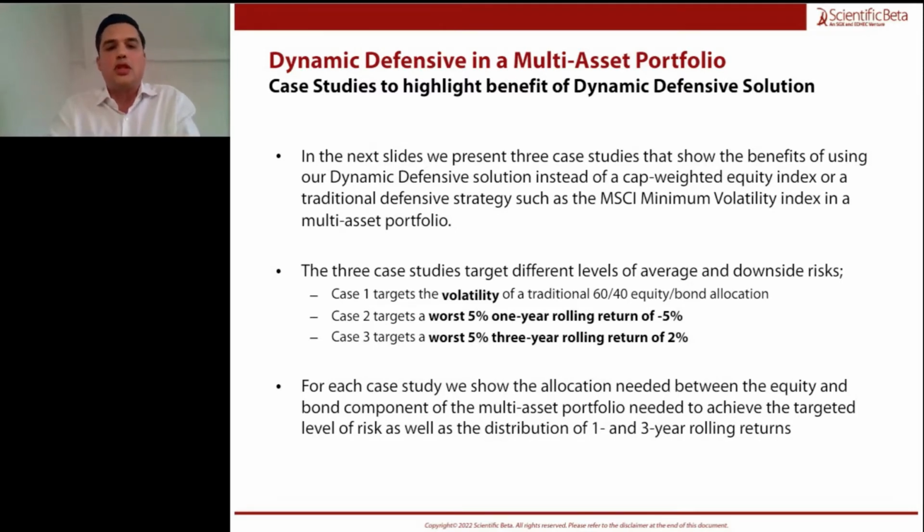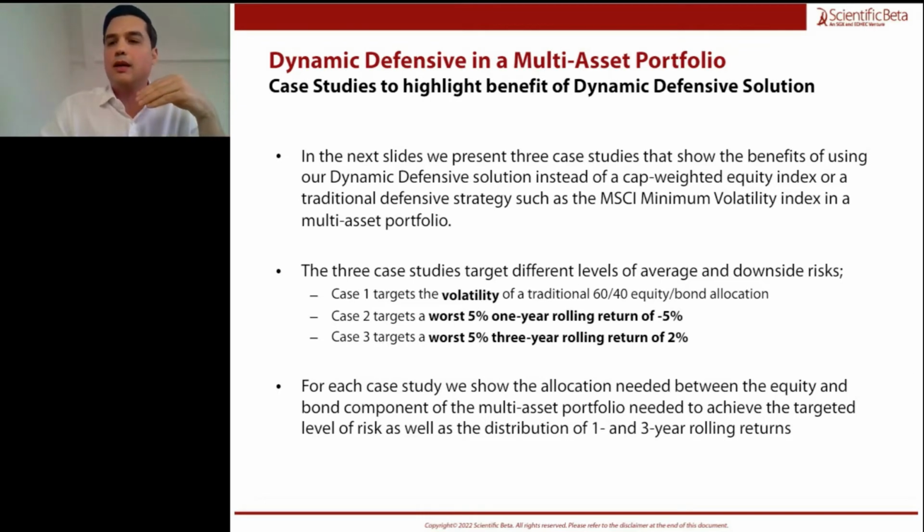And we will try to see what the allocation will be for the dynamic defensive and what the allocation will be for the MSCI min-vol portfolio for the same level of risk as the 60-40 equity bond allocation.